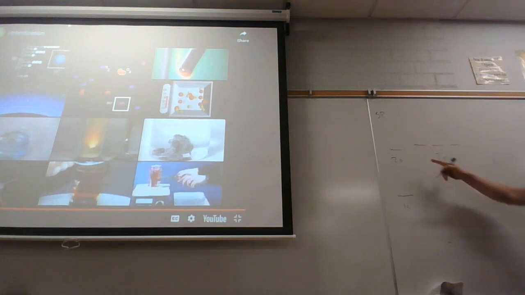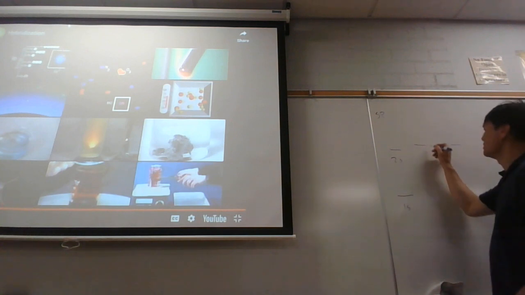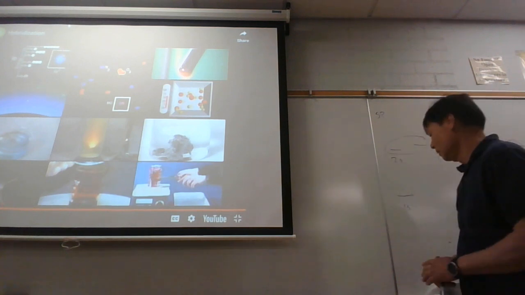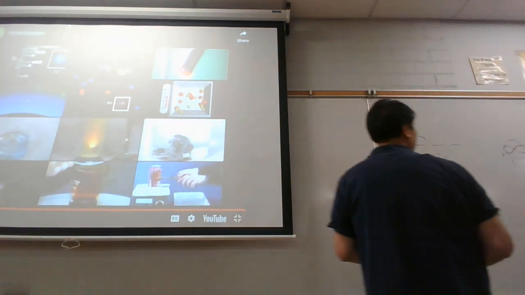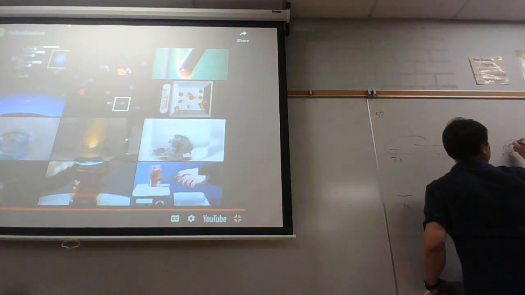So what does an s orbital look like? An s orbital looks like this. And a p orbital, what does that look like? Looks like that. And so here we have an s orbital and a p orbital, and what we're going to do is hybridize those. We also have two unhybridized p orbitals, and so I'm going to draw those here.